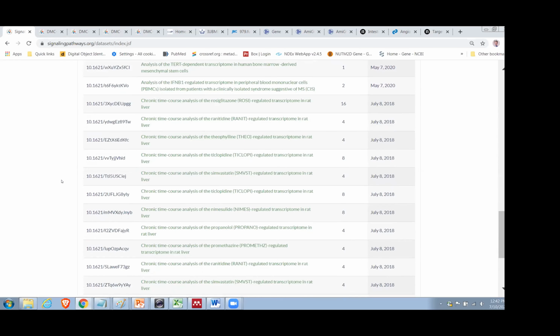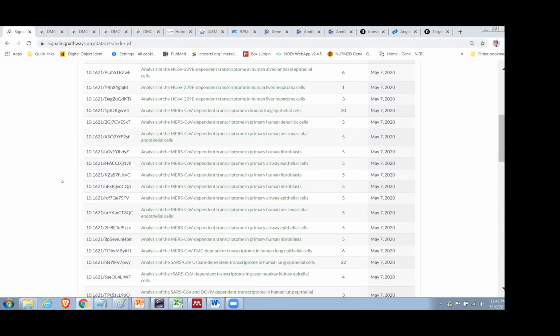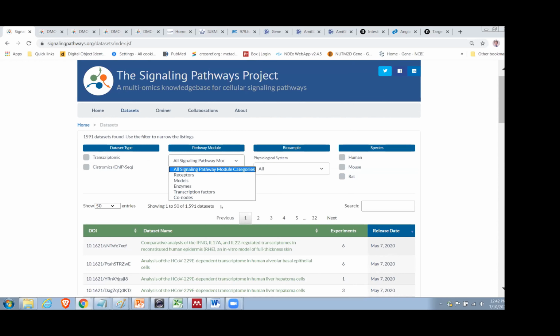But there's a lot of other information on there also, and basically we have organized this into 5 or 6 high-level categories.